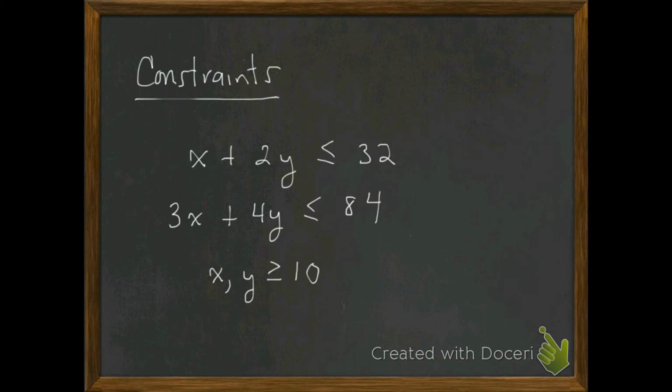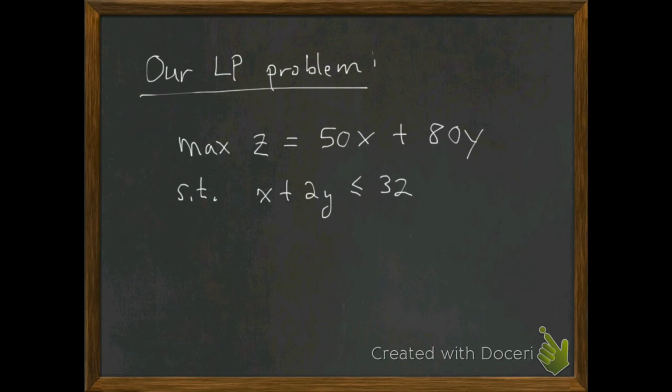Three x plus 4y less than or equal to 84. And we're producing tents, so both of these have to be greater than or equal to 0. So guys, after all the dust settles, this is our linear programming problem.